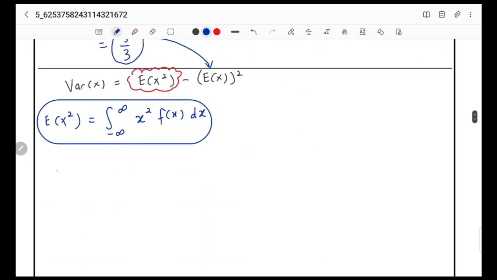So just the same thing with EX, but then x squared multiply with the function.